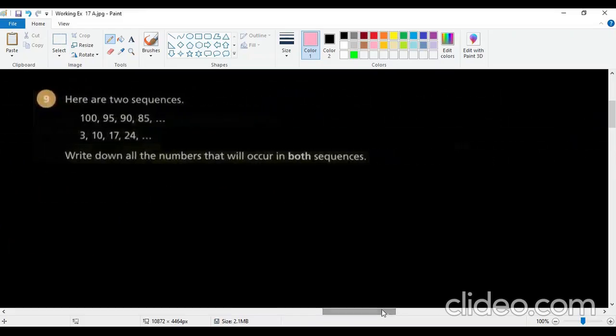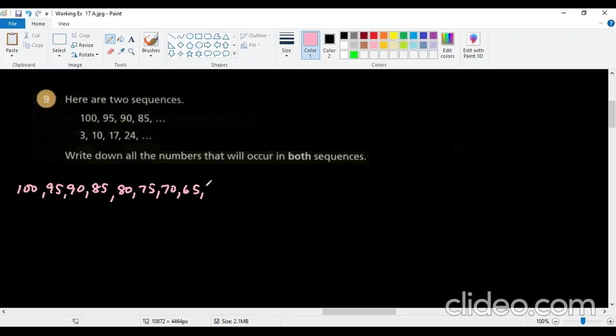And when it comes to question number 9, this is the last question of this exercise. It says here are two sequences, 95, 90, 85, and we can see the difference is 5 in the first sequence. When it comes to the second sequence, we can see the difference is 7. So write down all the numbers that will occur in both the sequences. So as we can see, I'll start from here. 95, then comes 90, then 85, and then we can see it is 80, and then 75, and then 70, and 65.